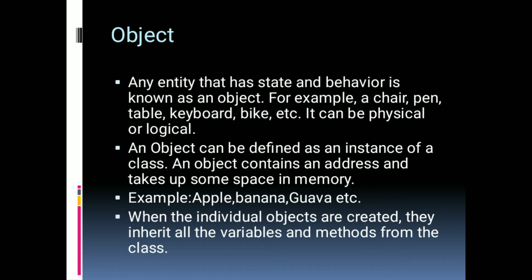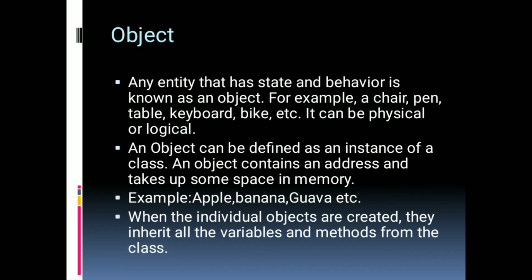Okay, so an object can be defined as an instance of a class. An object contains an address and takes up some space in memory. So memory is allocated when you create an object in a program.